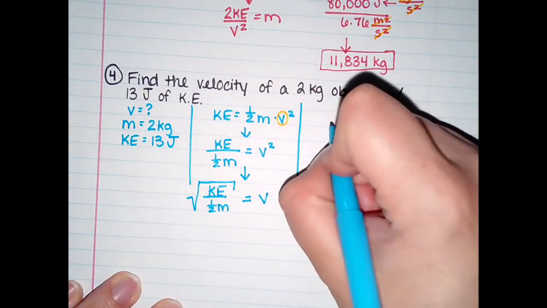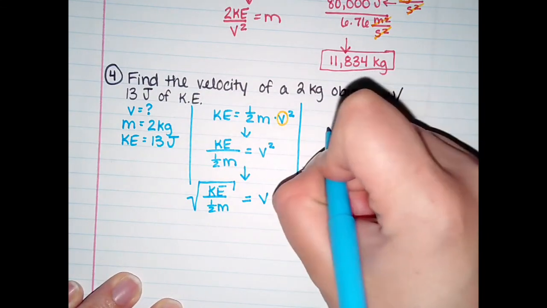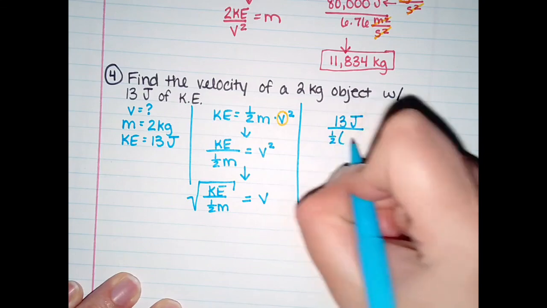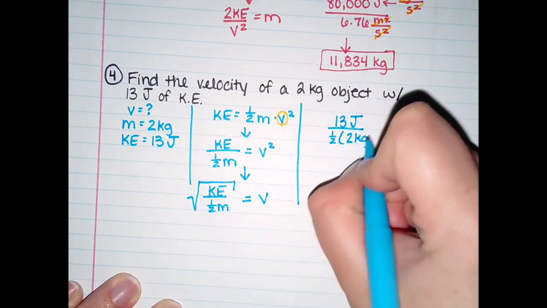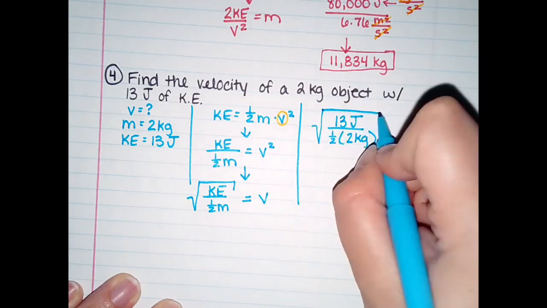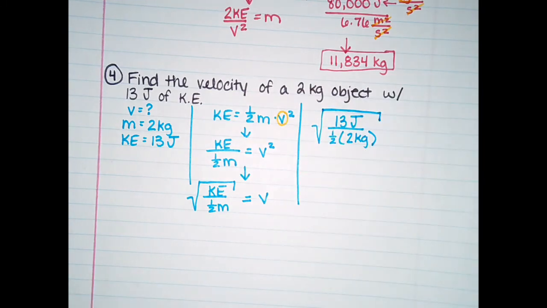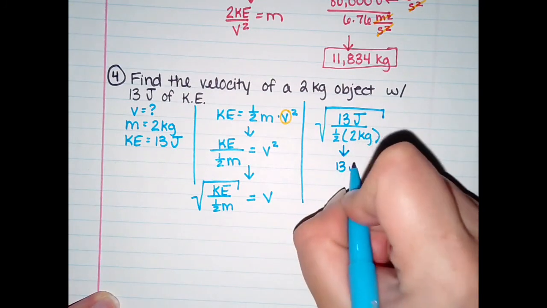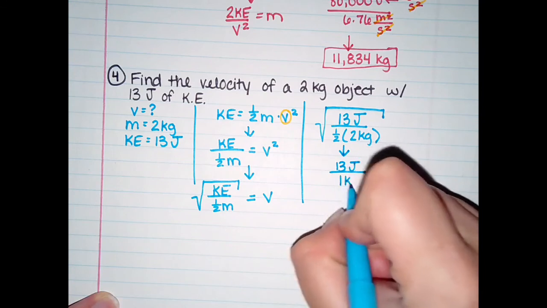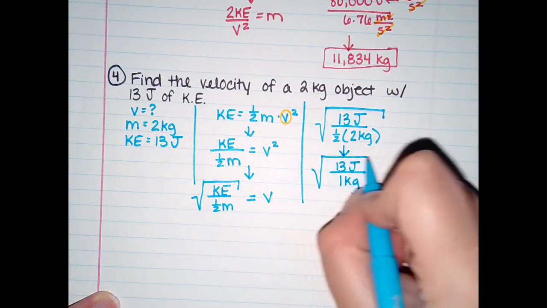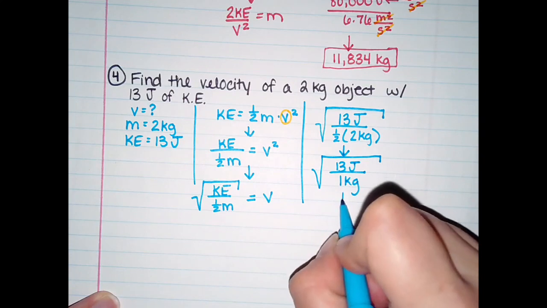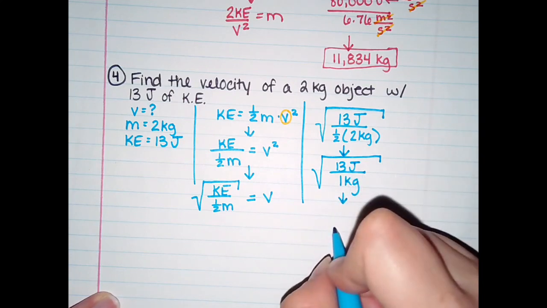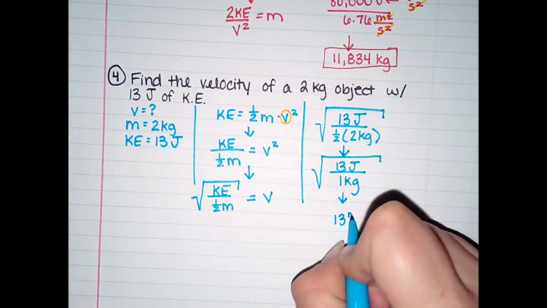At 13 joules, half of 2, square root. I just plugged in my numbers from here into the equation. I'm going to solve this step by step. Half of 2 is 1. 13 joules divided by 1 kilogram is 13, leaves you with meters squared over seconds squared.